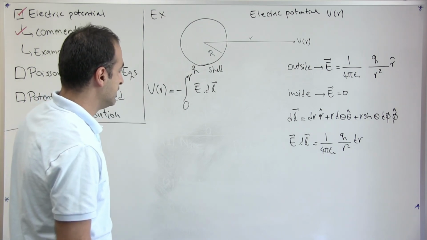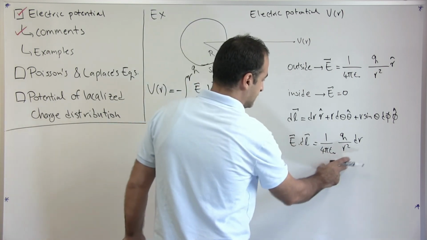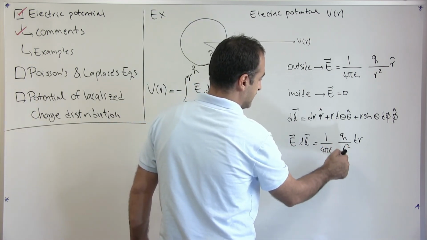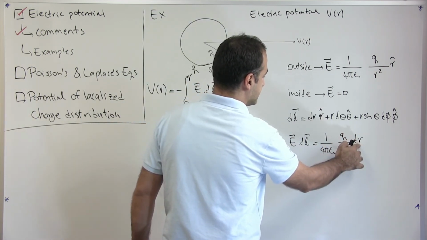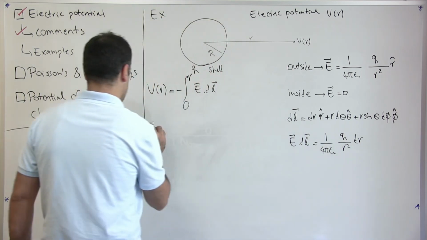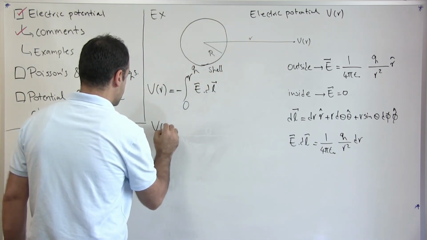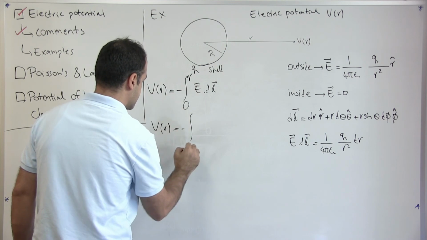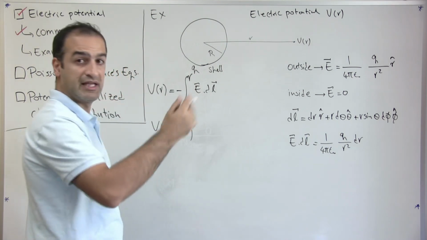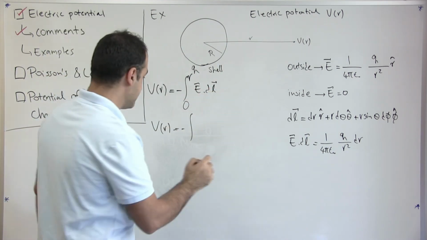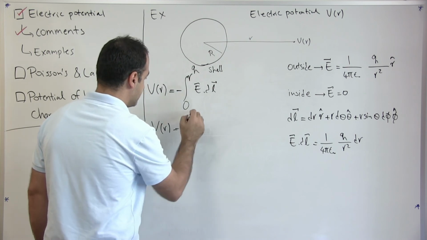Okay, so E dot dl is a scalar. The first term is a constant. Q is a constant. So basically, we only have dr over r squared. I'm going to continue the integral here. V of r is negative integral. I'm going to choose infinity as a reference point. So I'm integrating from infinity to r.